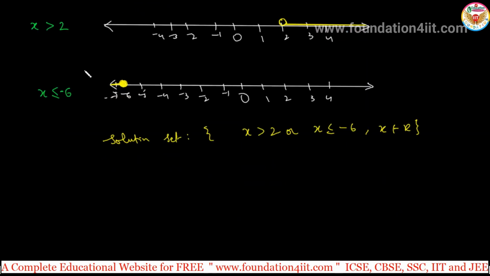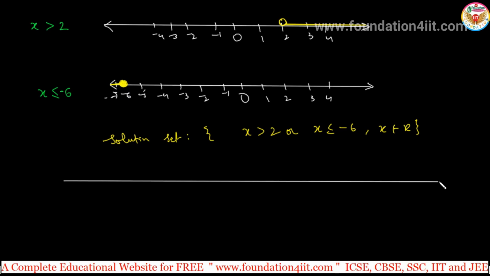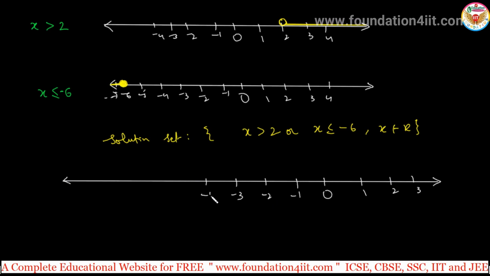Now these two together on the same graph. Same graph we can represent, so we need 0, 1, 2, 3, and so on, minus 1, minus 2, minus 3, minus 4, minus 5, minus 6, minus 7, minus 8, and so on.